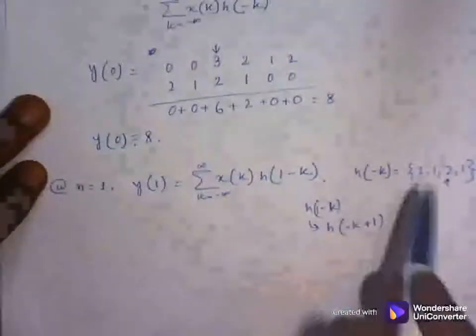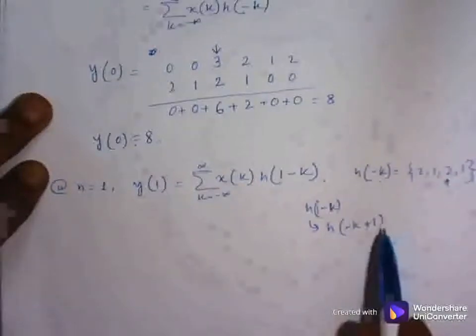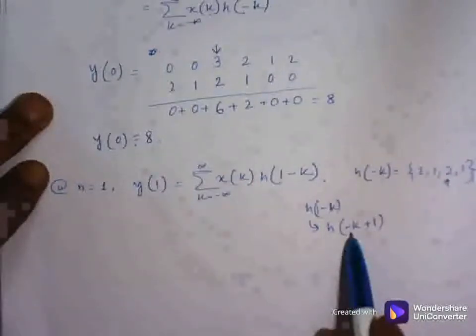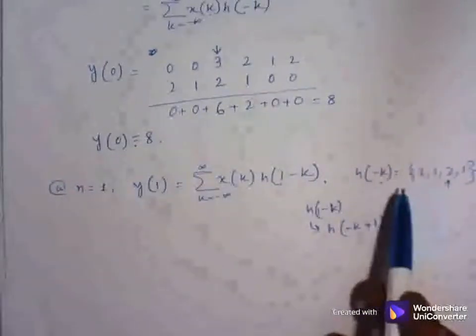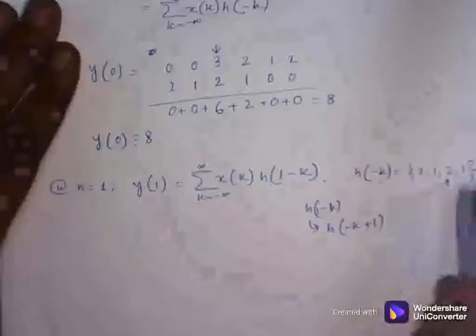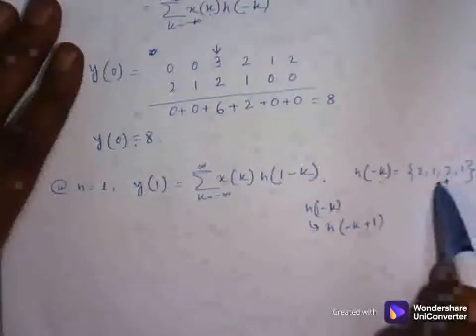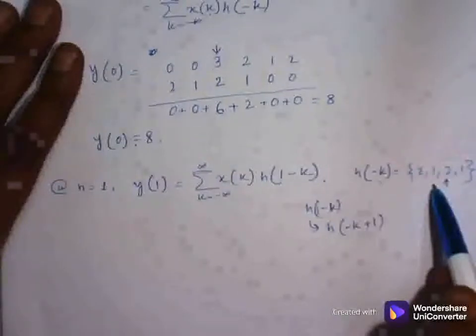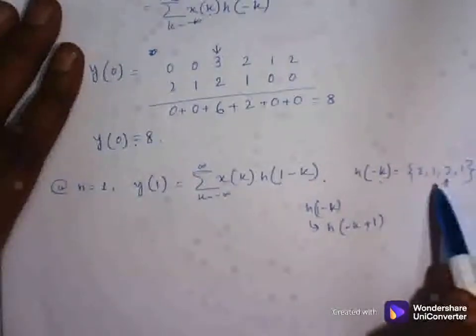So h of minus k plus 1 means h of minus k is advanced by 1 unit. Advanced means it will be started one step before its original value. So in this case it started from 0, now it will be started from minus 1.